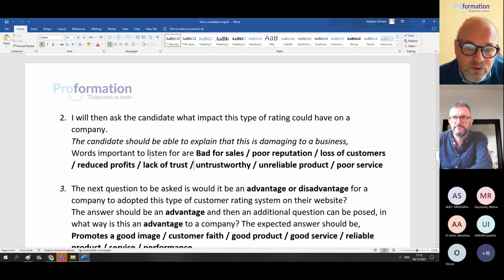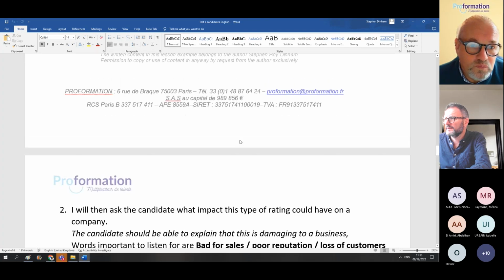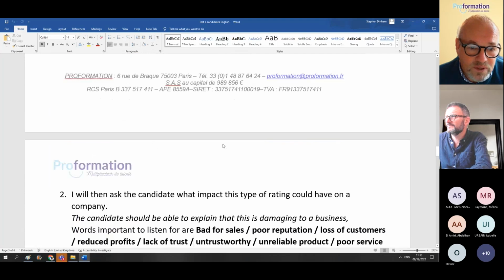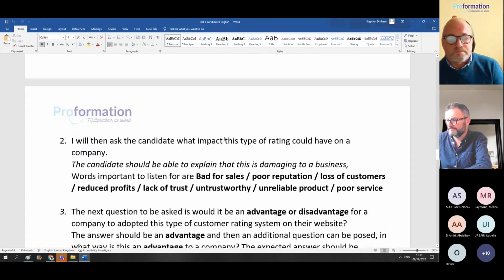Words important to listen for are bad for sales, poor reputation, loss of customers, reduced profits, lack of trust, untrustworthy, unreliable product, poor service. These words alone are very damaging to a business, and if this picture here represents these words, then your business will be in trouble.